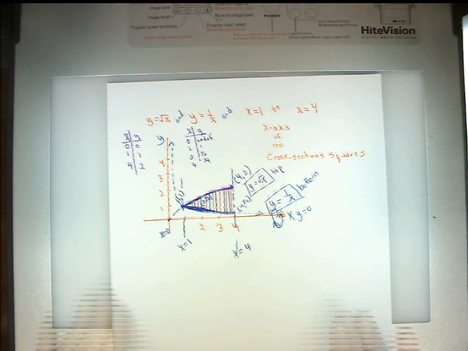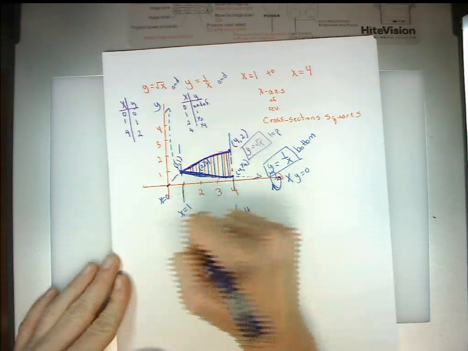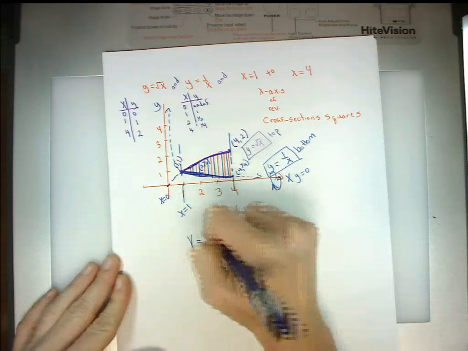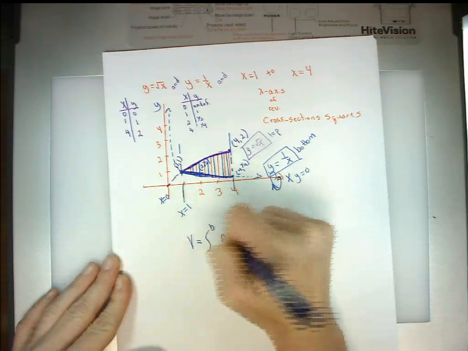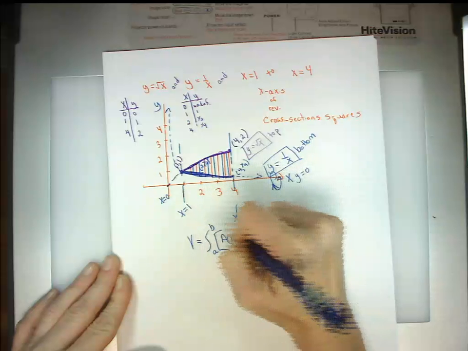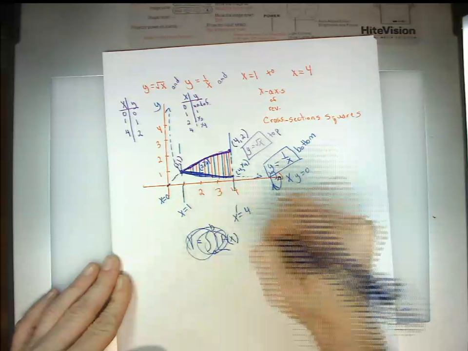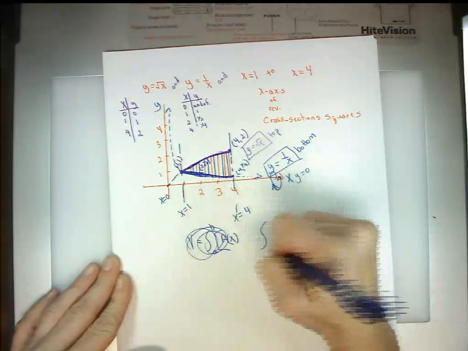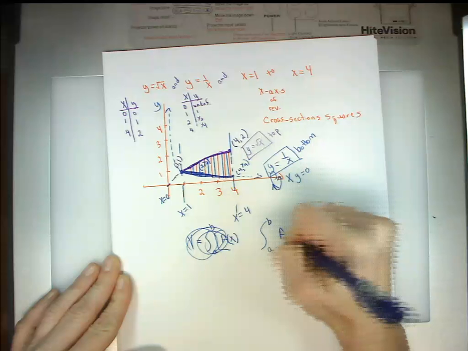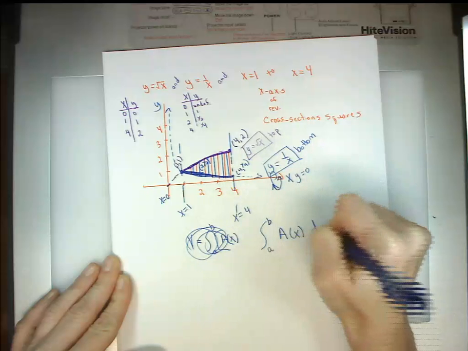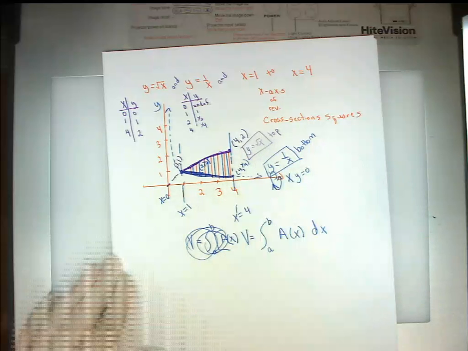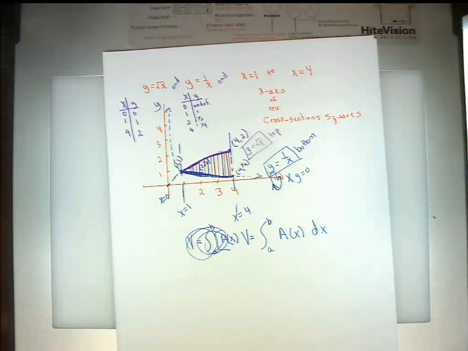Pay attention to your region. Now we set it up. The general formula is integral from a to b of A of x, quantity squared, and I'll put volume. A of x represents the area of the cross section.